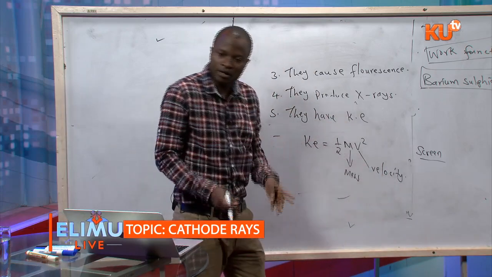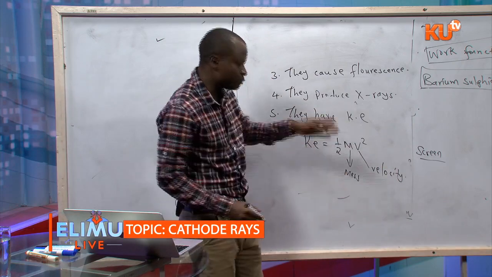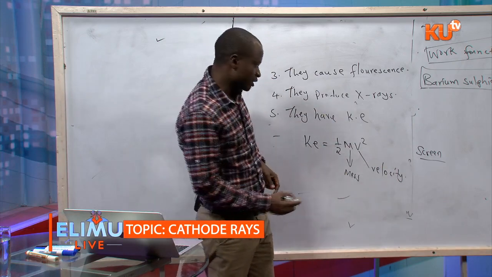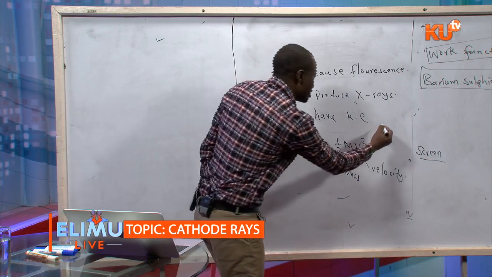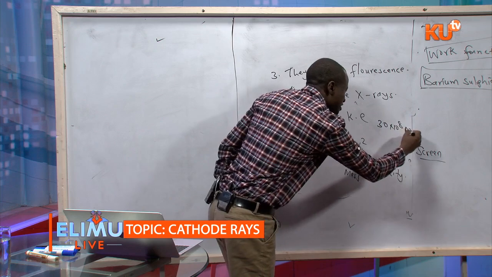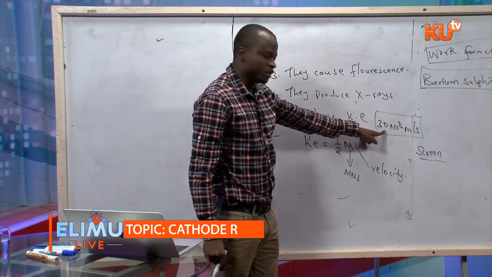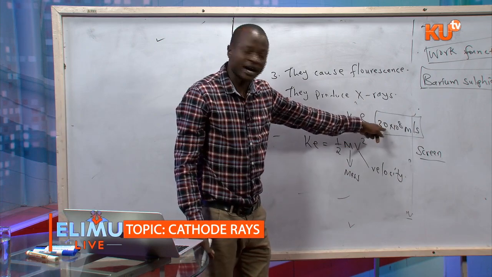They are electrons in motion, and they move with roughly the speed of light in a vacuum, which is about 3.0 times 10 power 8 meters per second. That is a super high speed.